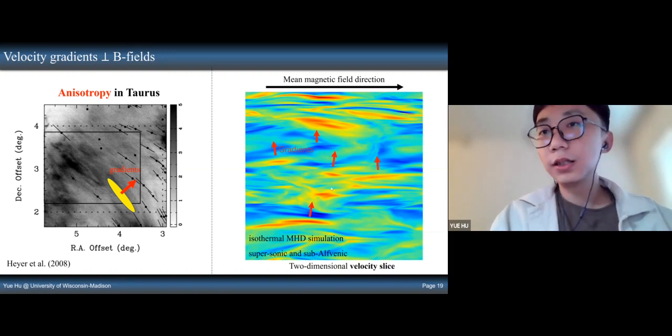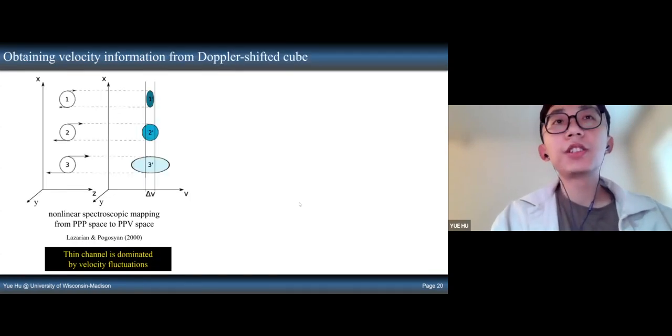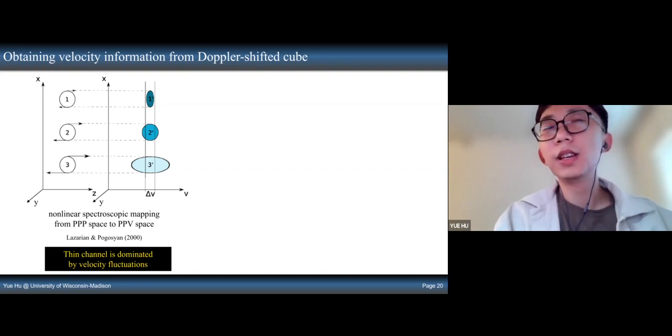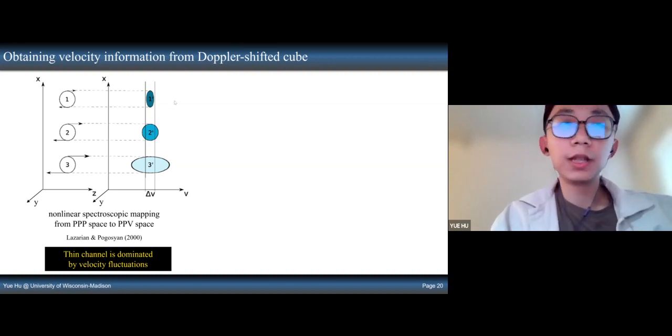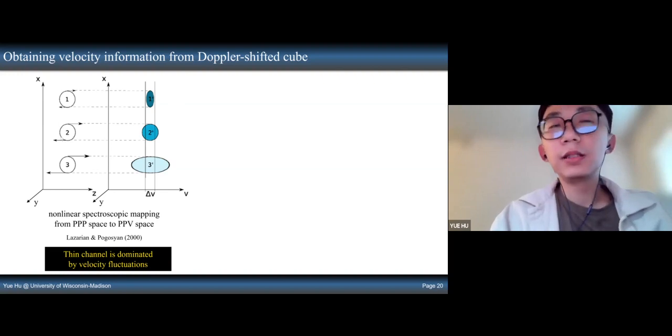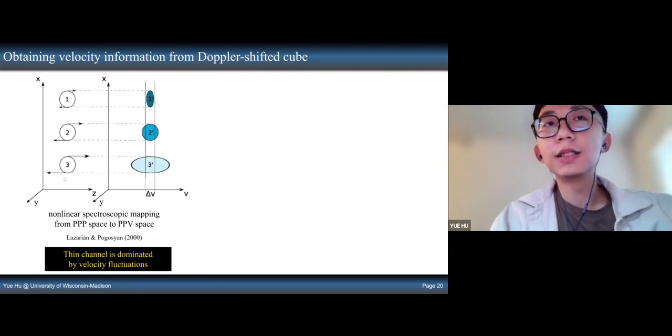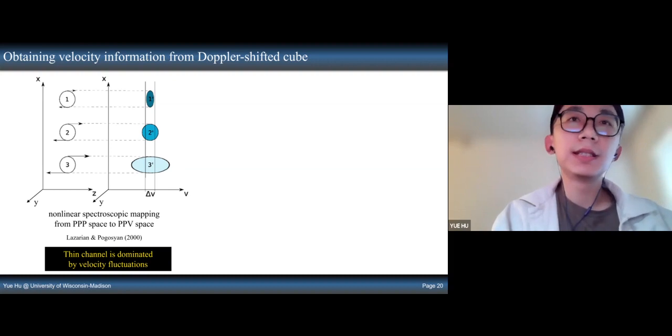But remember, here we are using numerical simulation and this is the velocity slice. In observation, we don't have such pure velocity information. It is non-trivial to get the velocity information in observation. So we need to extract the velocity information from the Doppler-shifted emission line, which means the real density structure in XYZ space is mapped to XY velocity space, and this mapping will distort the density structure significantly.